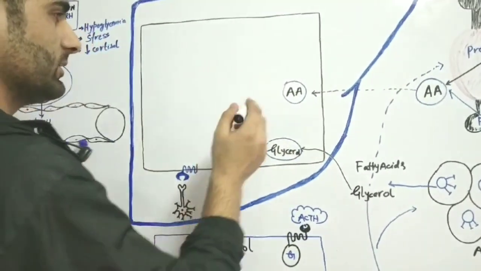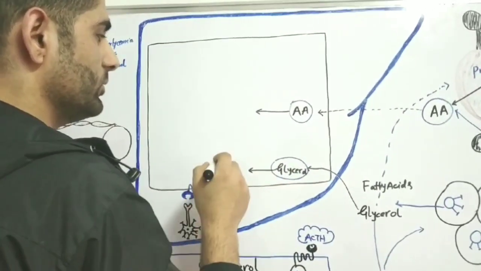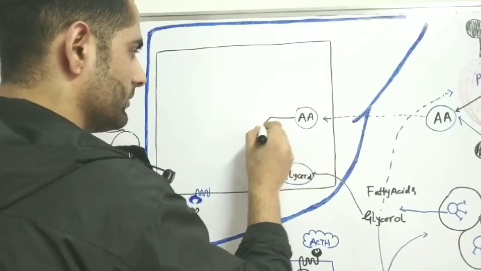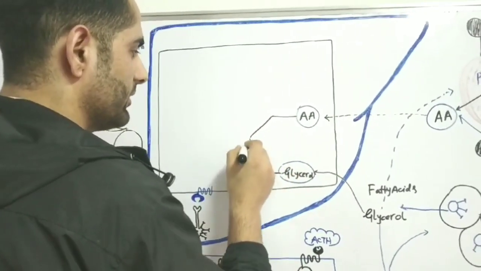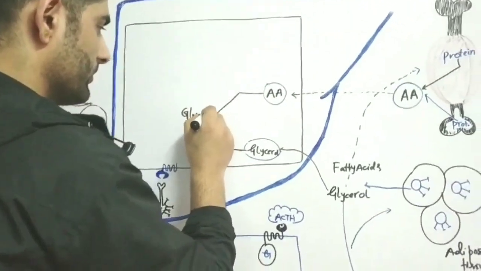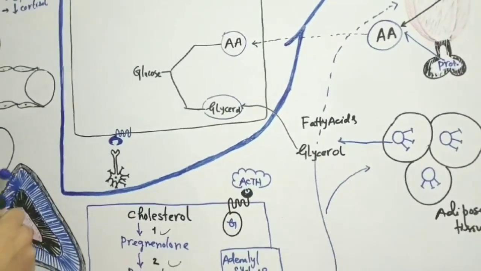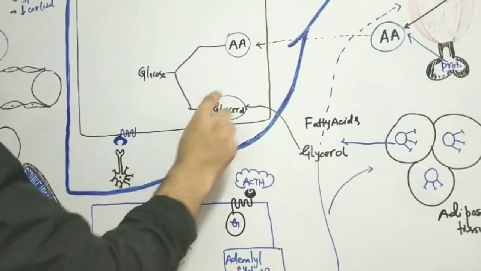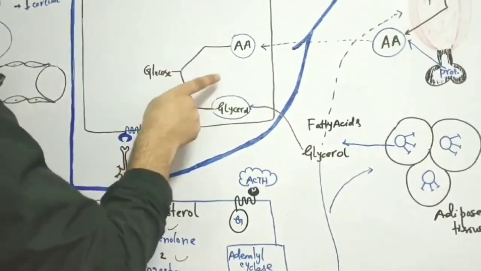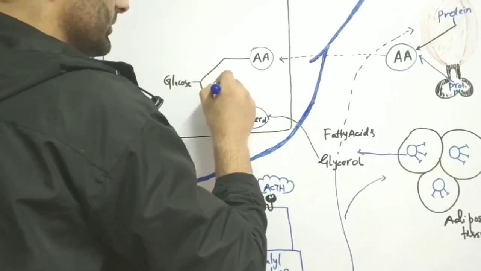The amino acids and glycerol will be converted into glucose. This process is known as gluconeogenesis. Formation of glucose from the non-carbohydrate sources. These are non-carbohydrate sources, so we call it gluconeogenesis.